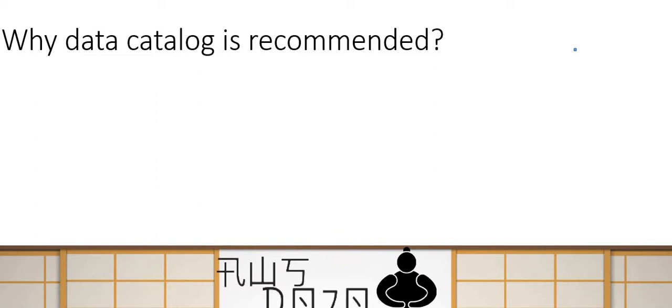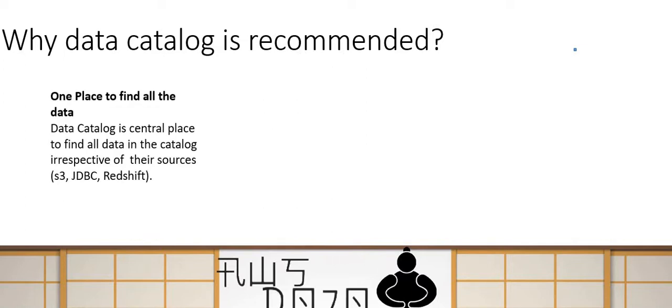If technically you can talk to the data source as well, why am I saying you should talk to the data catalog? There are various reasons for that. The first reason is that your data catalog is the one place to find your data. Your users, the users of your data lake, don't care and don't want to worry about various data sources spread across.